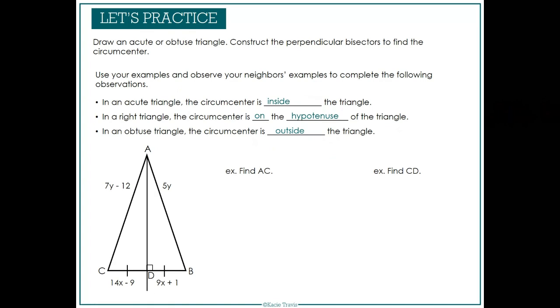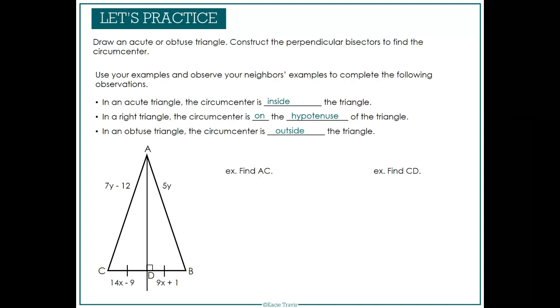Okay, now back to our good old friend algebra. Like I told you before, a lot of algebra in geometry is in the context of a picture. So what we have here is a perpendicular bisector, AB, and it is bisecting CB. They want us to find the length of AC, and then they want us to find CD.